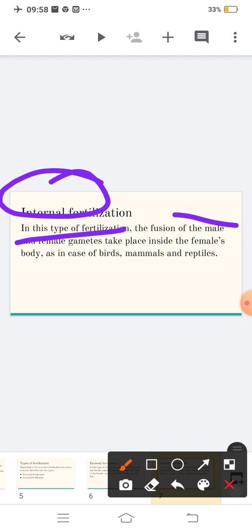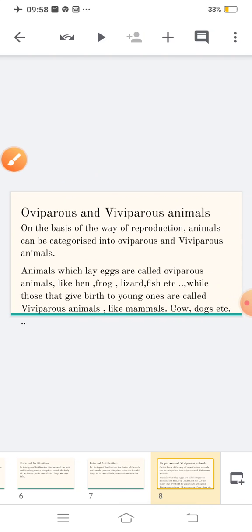Is this clear? Now, what are oviparous and viviparous animals? On the basis of the way of reproduction, animals can be categorized into two parts. Number one, oviparous, and number two, viviparous.